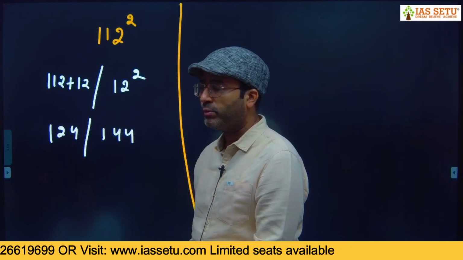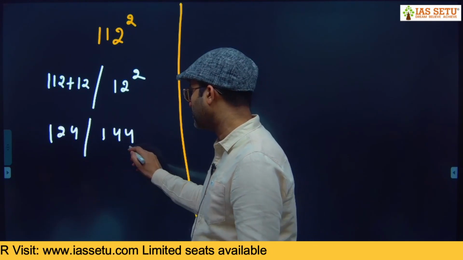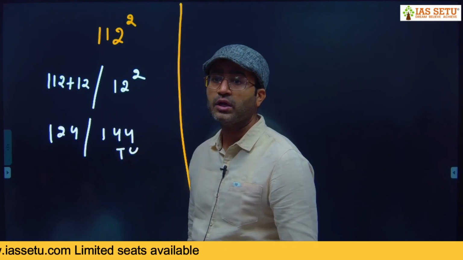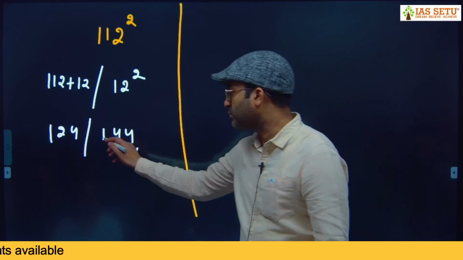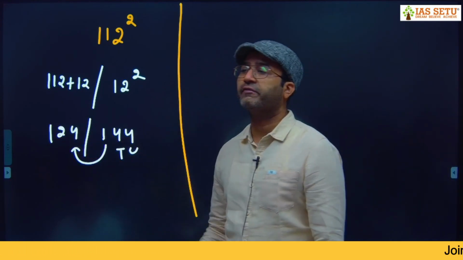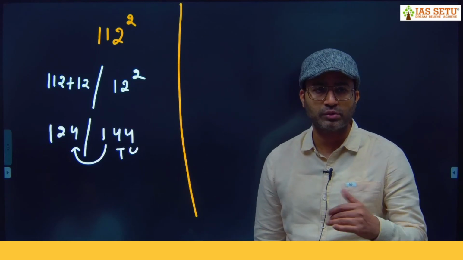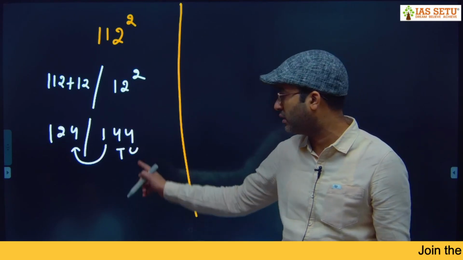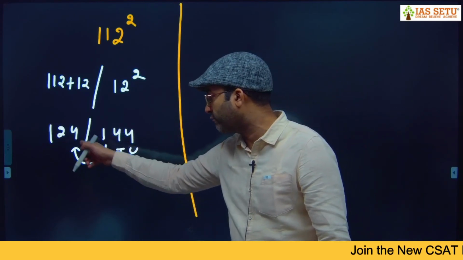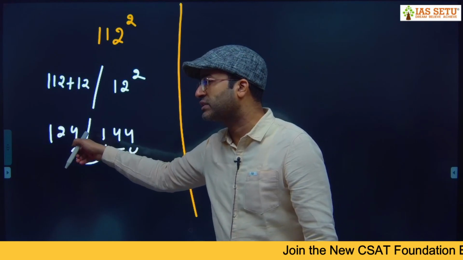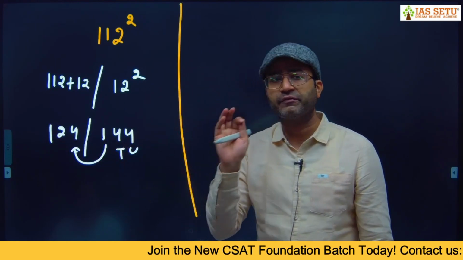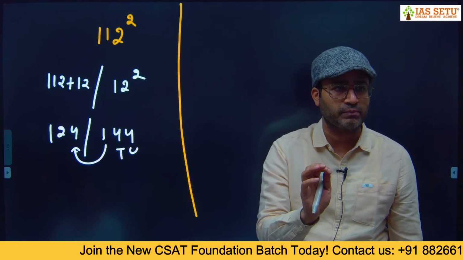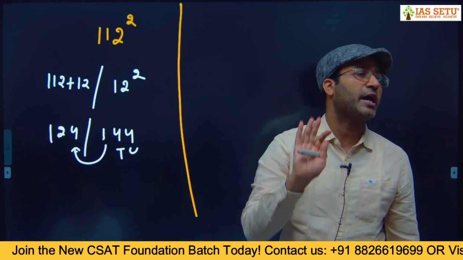So now the problem here is this 144. This is unit place, this is 10 place. In our school days we have learned one thing, carry forward. So this belongs to 100 place, you have to carry forward. Just as we did carry forward in calculation in school, the same thing you have to do. You have to carry forward this one and merge it with 100 place because this belongs to 100 place. And on the right side we get only 2 places, unit place and 10 place. If you have an extra digit you have to carry forward.